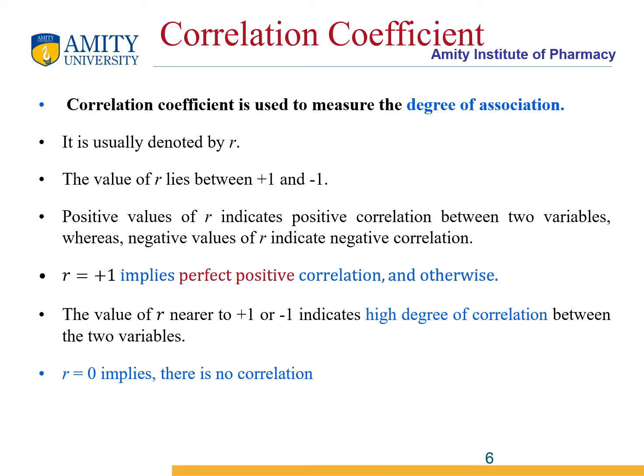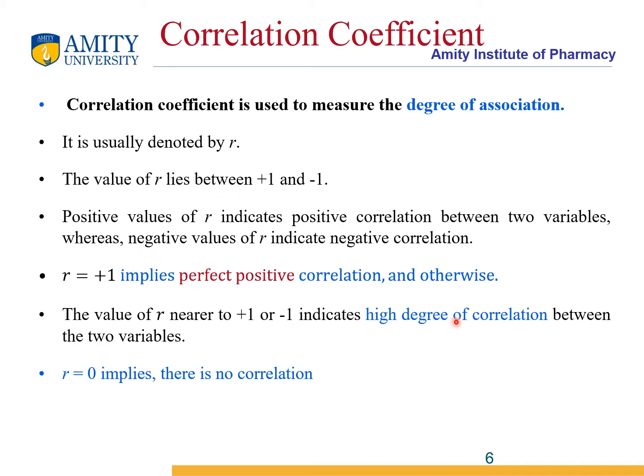If there is positive correlation, the value of correlation coefficient R is +1. If the correlation is negative, it is said to be -1. And if there is zero correlation, then the value of R will be 0.